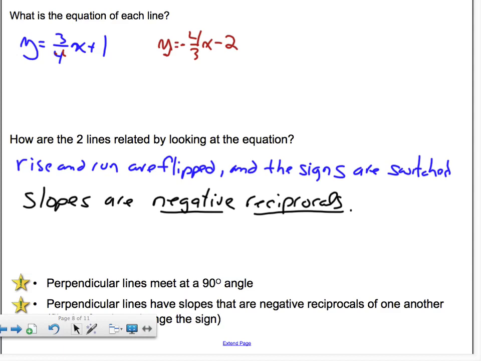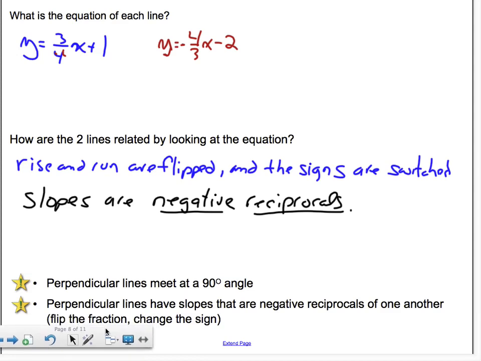So here are the 2 key points that we want to make. Perpendicular lines meet at a 90-degree angle. So that's sort of the definition of perpendicular lines. I think you might have this down already. Perpendicular lines have slopes that are negative reciprocals of one another.